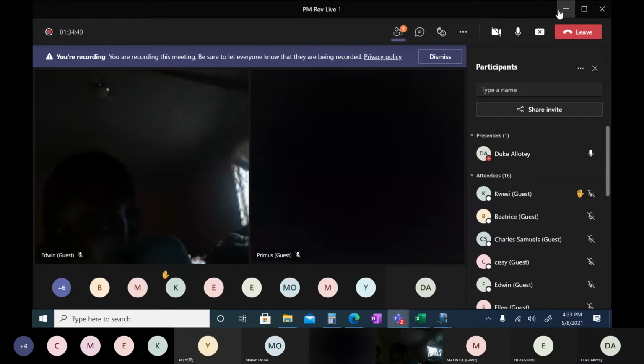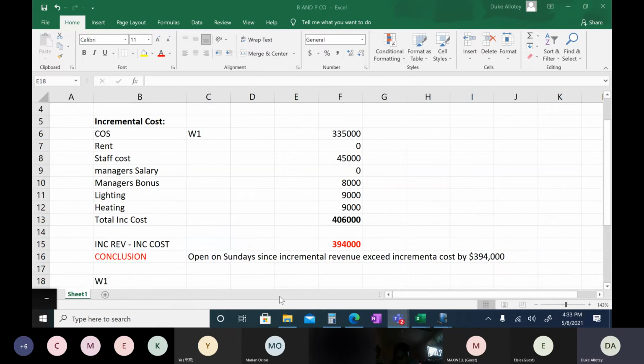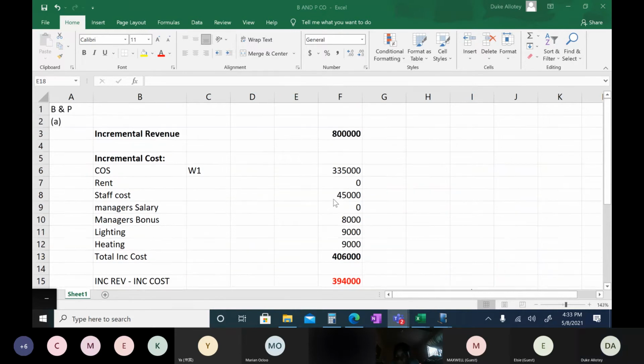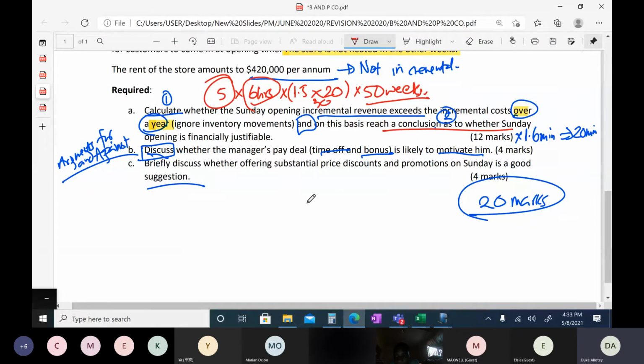Okay. Now, if there are no questions, then I would want to continue with the rest of the question. Now, these are the bits that you will need to be thinking critically to answer. And it's important that you follow what I'm trying to do here.